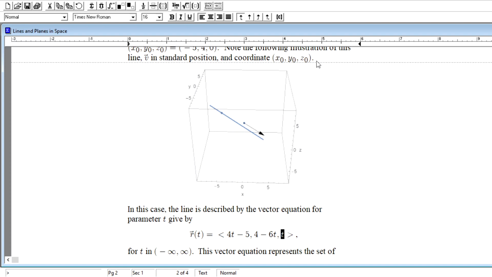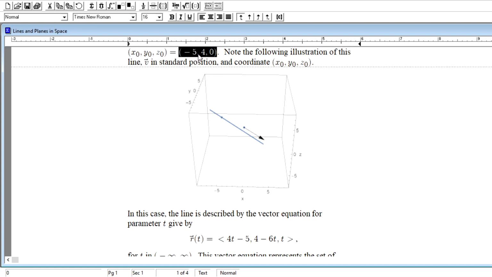And these are going to be added to the vector description of this point in space, -5, 4, 0. So 4t is added to -5, that's 4t minus 5. Negative 6t is added to this 4, which is 4 minus 6t. And then the value of t, 1t, is just added to nothing, which is just t itself. So this becomes what we call the vector value description of this line in space.